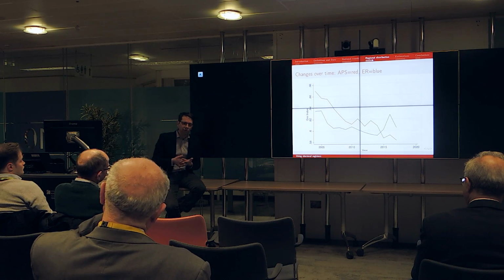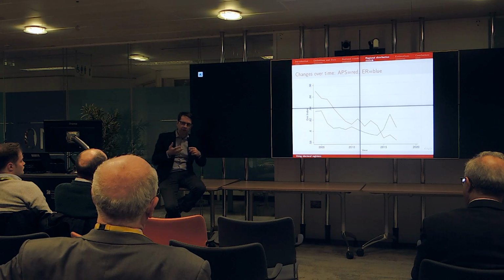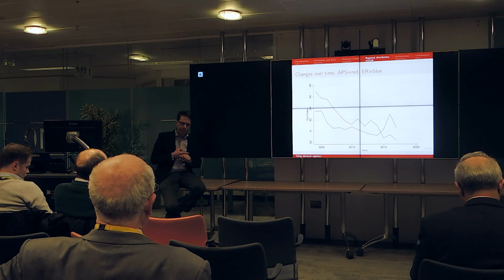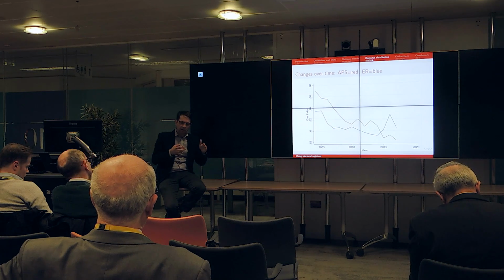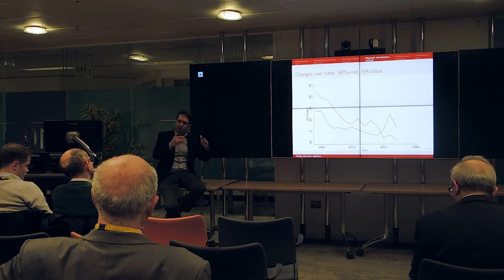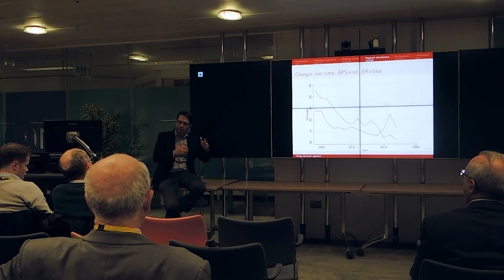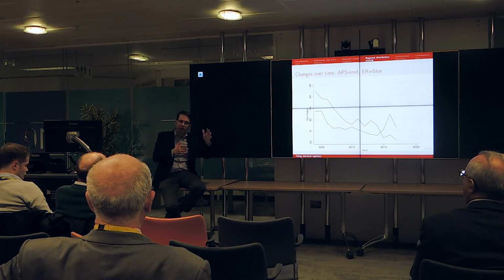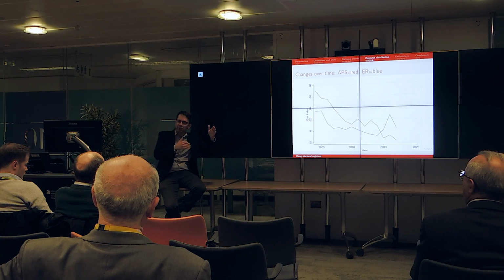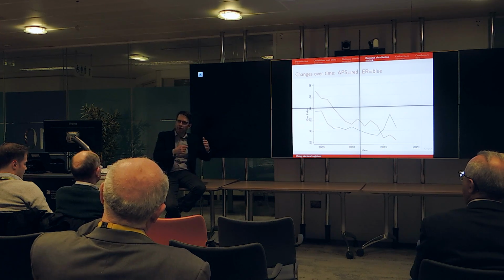Probably the area where you lose observations is students, because students in the past were registered by the university, but they were probably also registered by their parents. So they were probably double counted.